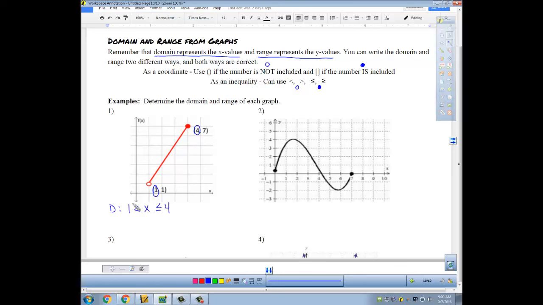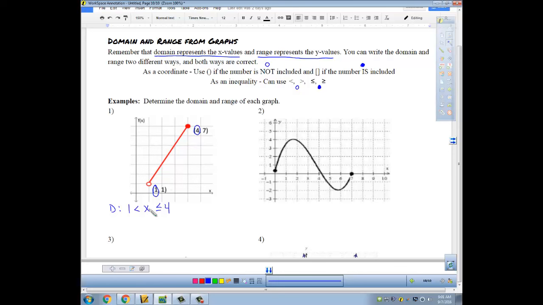So again, I chose 1 because it was my furthest to the left point. My furthest to the left point was an open circle, so I knew it was either less than or greater than. I chose less than because 1 was the smallest point. There's nothing less than 1. So 1 is less than all of my other coordinates.